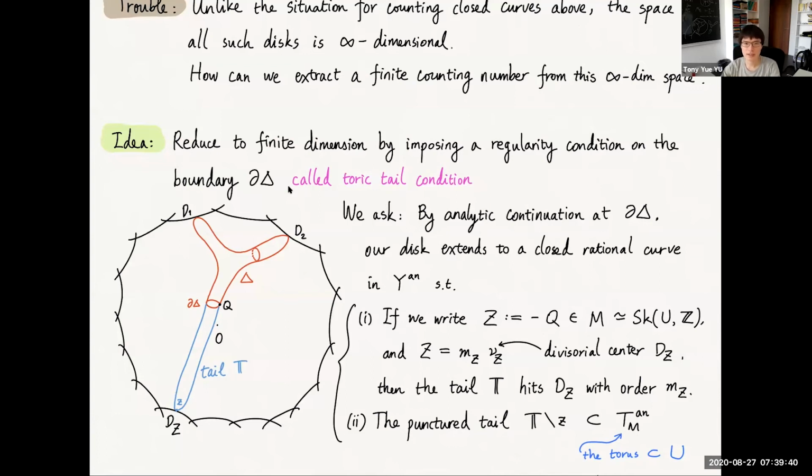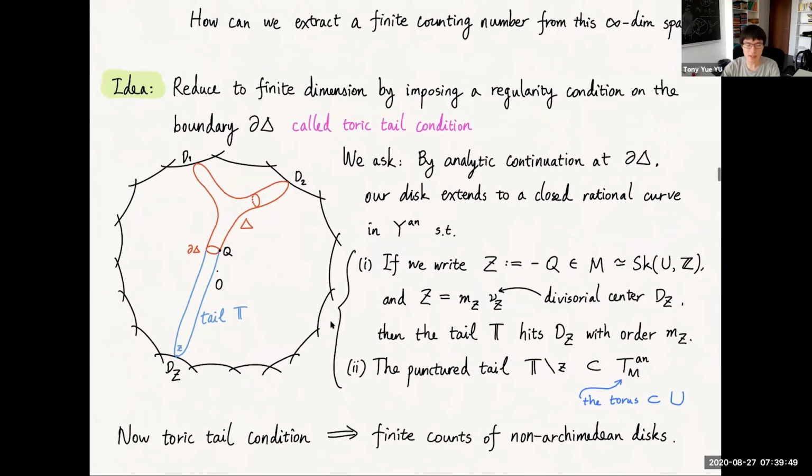So this is the extra condition that we impose for counting holomorphic disks. And now, the good news is that once we add this extra toric tail condition, we get finite counts of non-Archimedean disks.